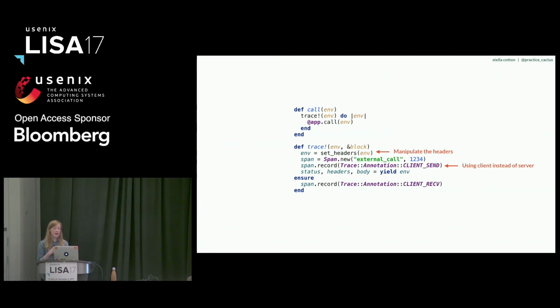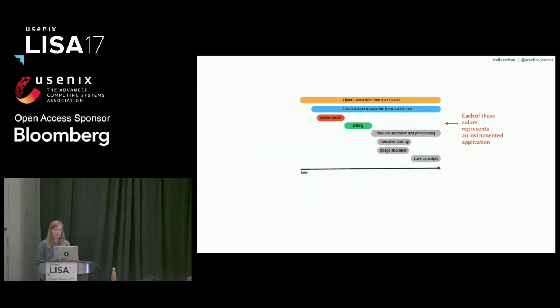We do that to pass along the tracing ID. That way, if you're calling another internal service that you've also instrumented, it's going to be able to see that header and know that it also needs to continue annotating your request. And if the next service isn't instrumented, if it's a third-party call, it's not a problem. They'll just ignore the headers. And so each of these colors would represent an instrumented application.